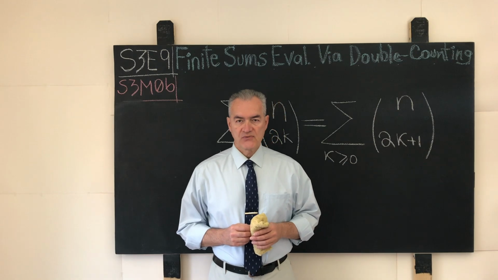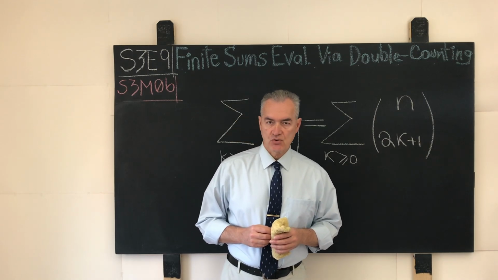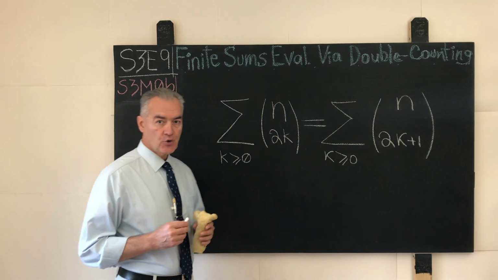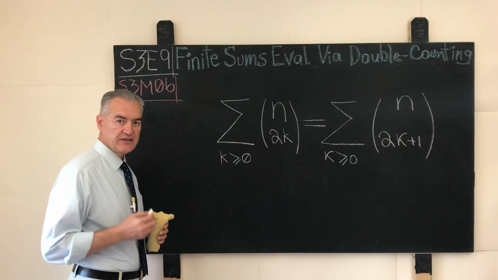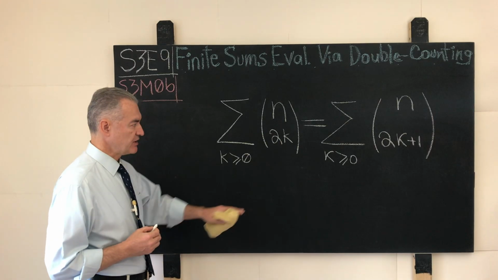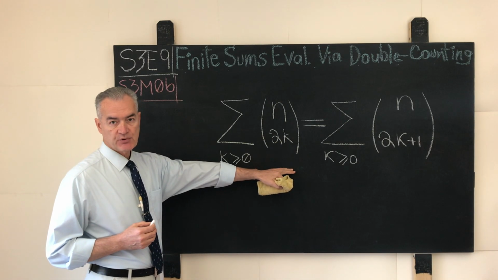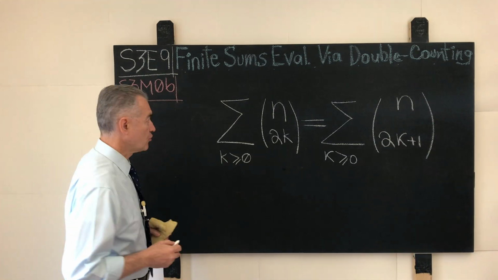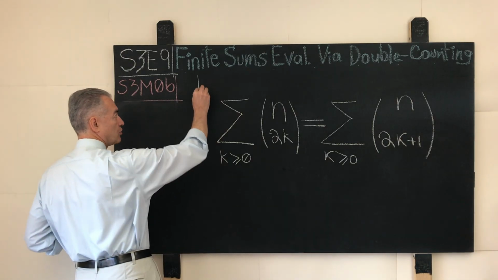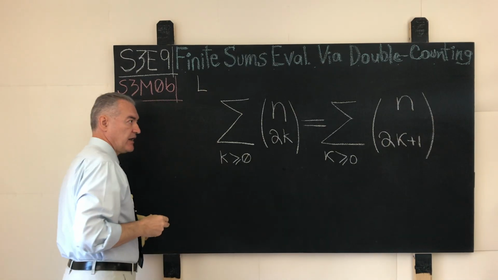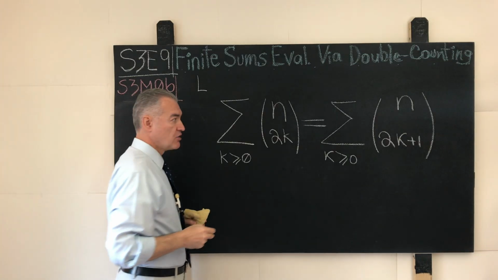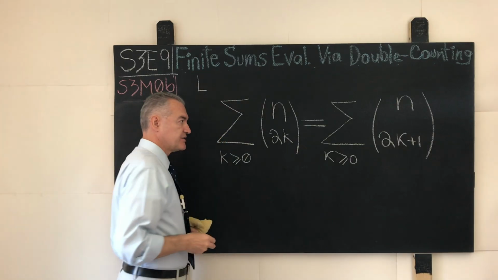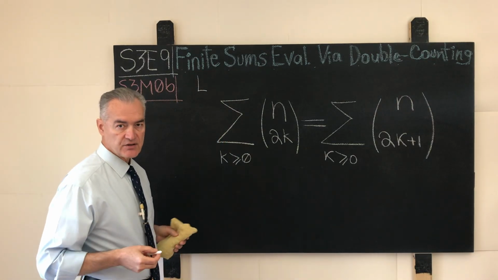With a more formal flavor of the double counting approach to generating proofs of combinatorial identities, we interpret the left-hand side of a given combinatorial identity, such as this sample one, as the size of a certain set. Let's call that set L for left-hand side. And we interpret the right-hand side of the given combinatorial identity as the size of yet another set.